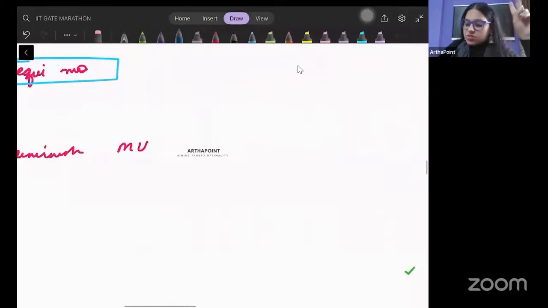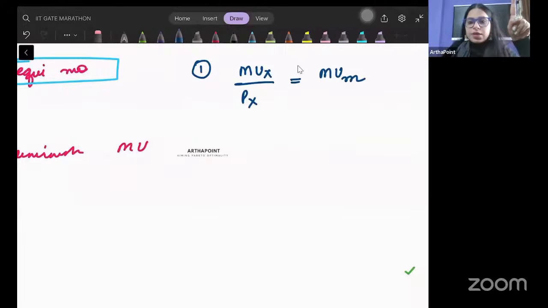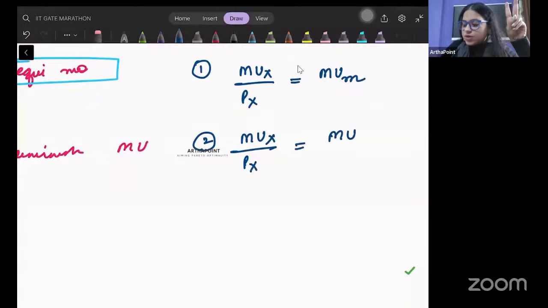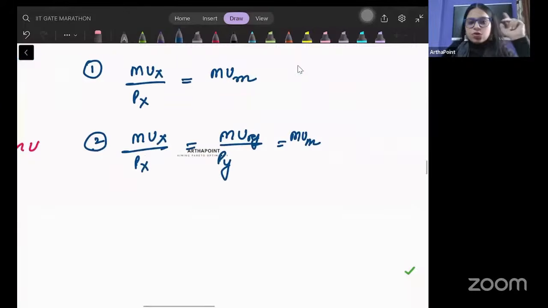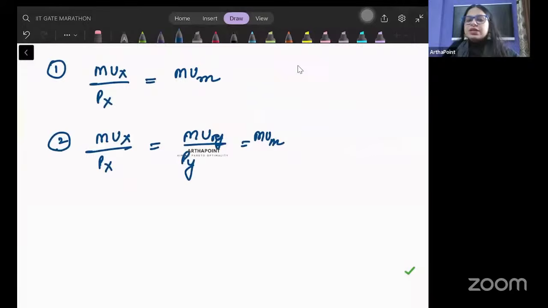First, if I am given a single good, then MUX by PX has to be equated to MUM. But if I am given two goods, then MUX by PX must be equated to MUY by PY, which must be equated to MUM.